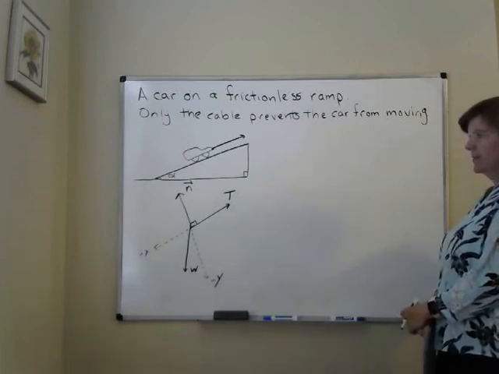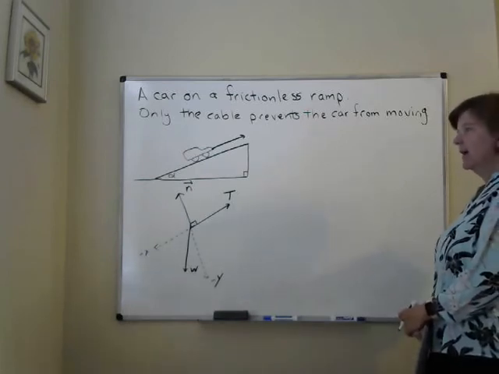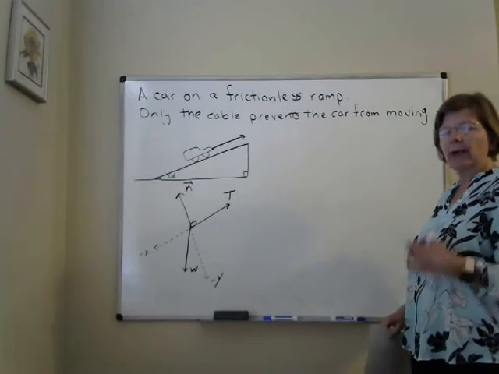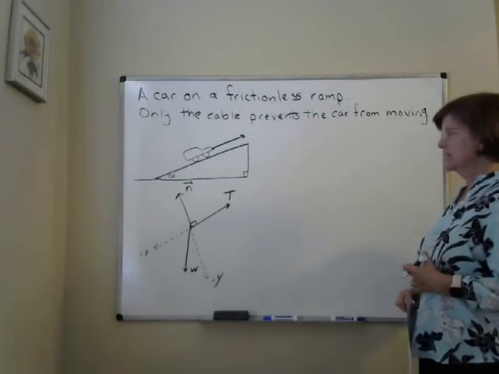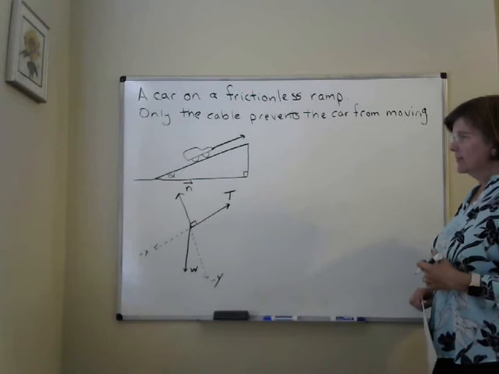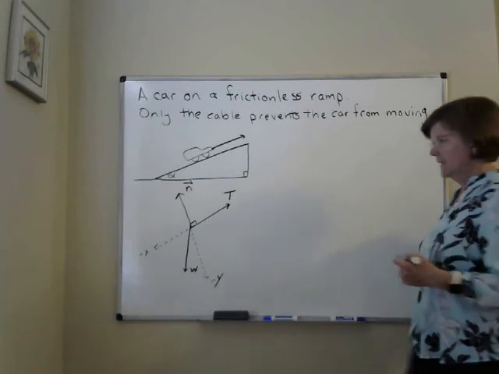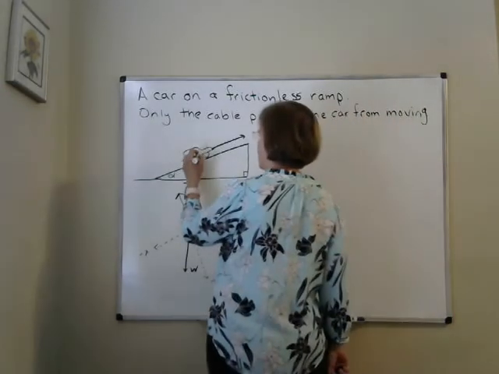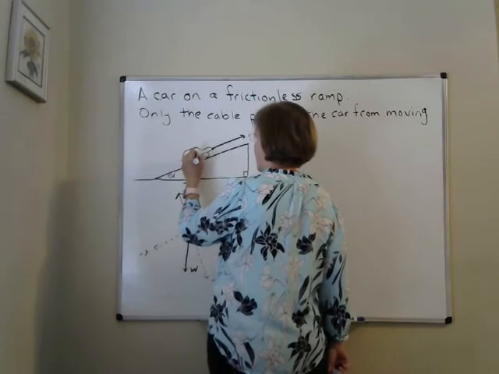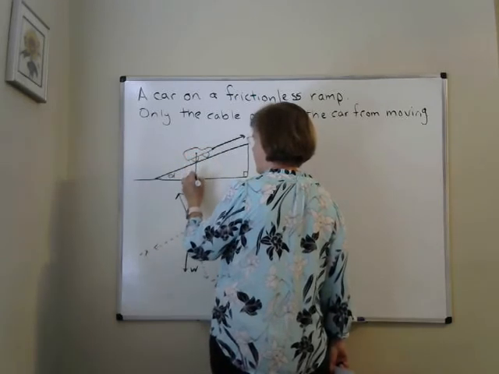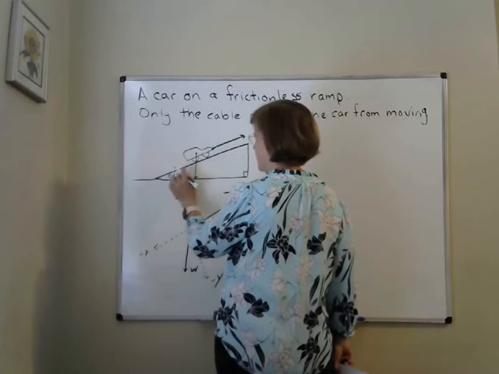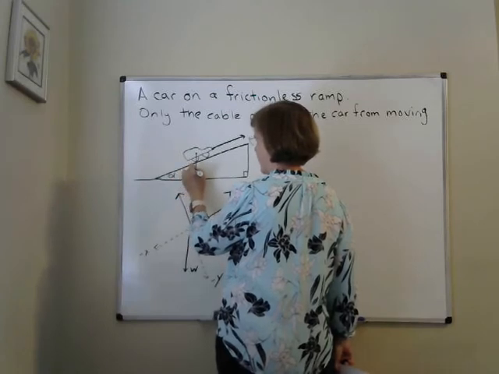We got to figure out how to break this into components. If we go back up to our original picture for a minute, the weight points straight down. You can see that it makes this triangle right here.